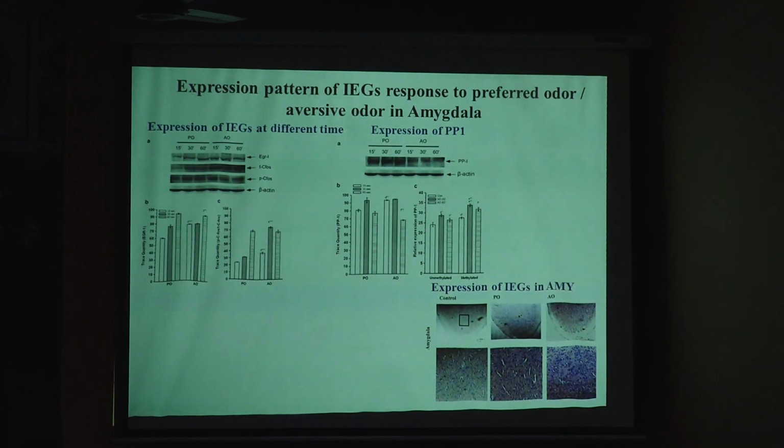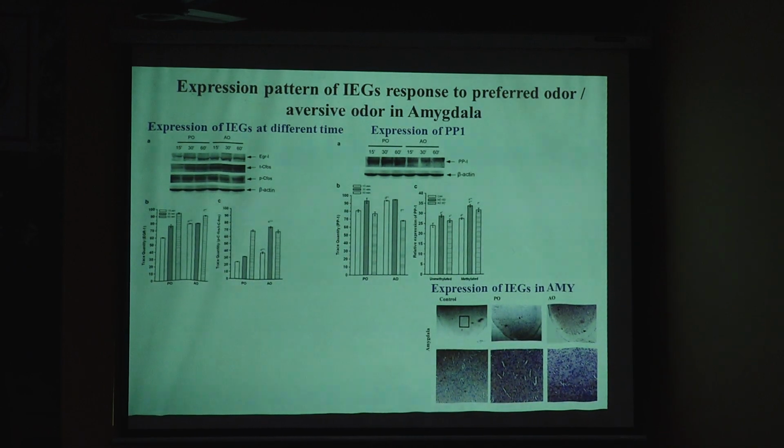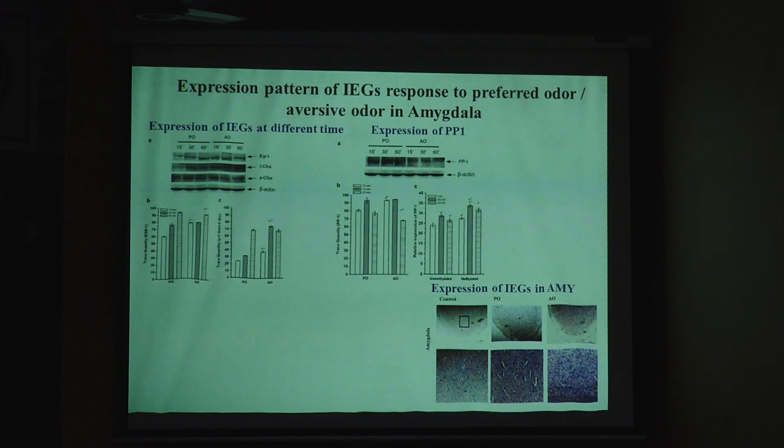In other words, the PP1 expression is 0 to 30 and then goes to minimum. So what is happening here? It allows the EGR1 expression, but when PP1 expression goes up, it drives ubiquitination further down. So the neuronal communication is not happening.